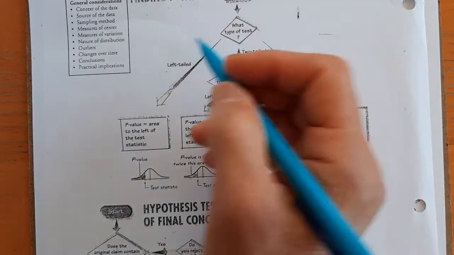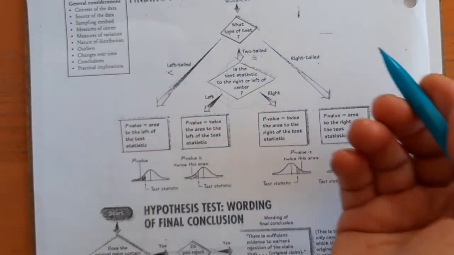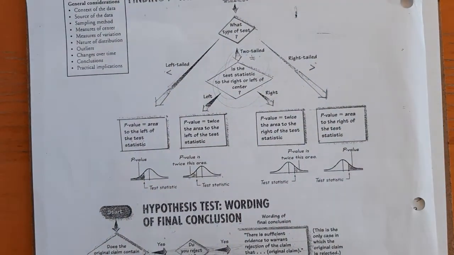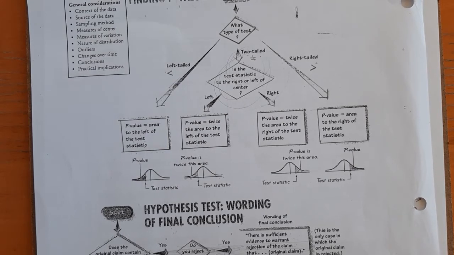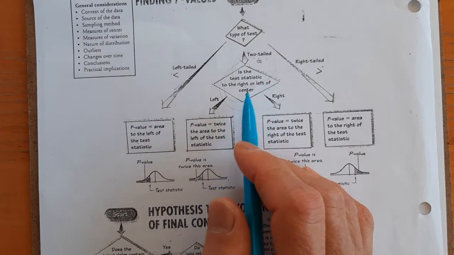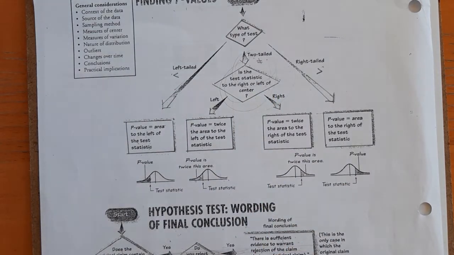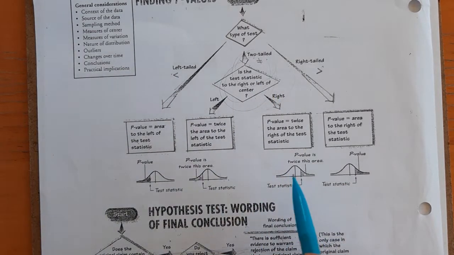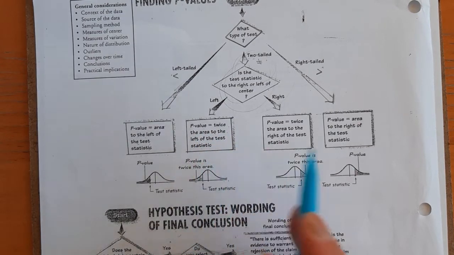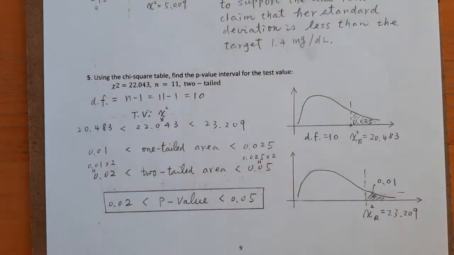Left tail has this sign in H1, and right tail has the greater than symbol in H1. If a two-tail test, then you figure out one tail and double it. The p-value is twice the area of one tail.